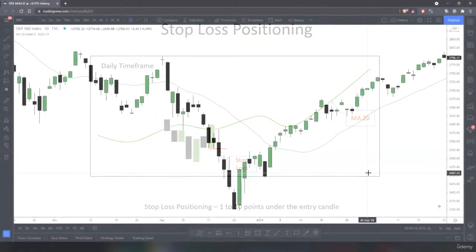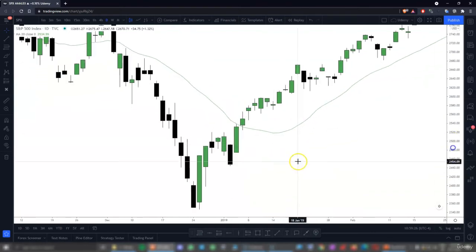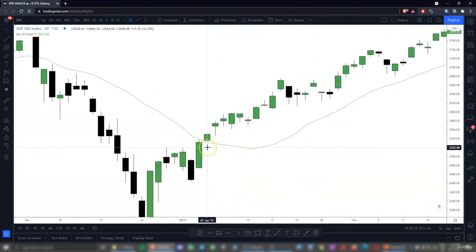Here we are on the charts. This is the same period of 7 January 2019 when we have this buy signal. If I position the cursor on this candle, you can see right here in this area the low. You can see that the low is 2524.5, so right under this candle it's this number.